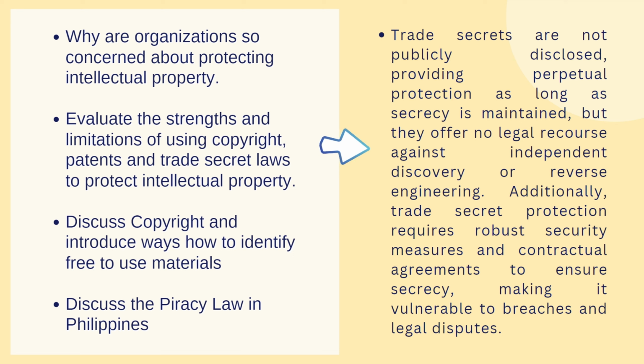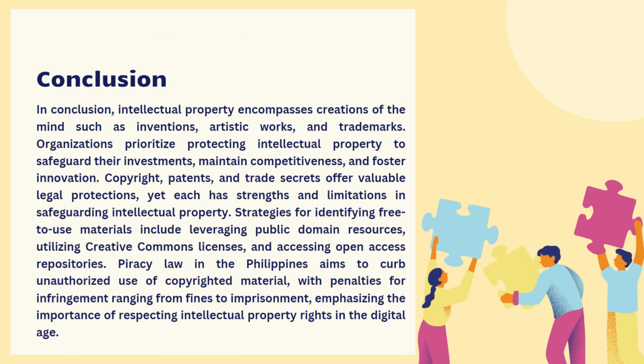So overall, while copyright, patents, and trade secrets offer important protections for intellectual property, they also have inherent strengths and limitations that must be carefully considered in their application. In conclusion, intellectual property encompasses creations of the mind, again, anything created by the mind like inventions, artistic works, trademarks, and so on are considered intellectual property.